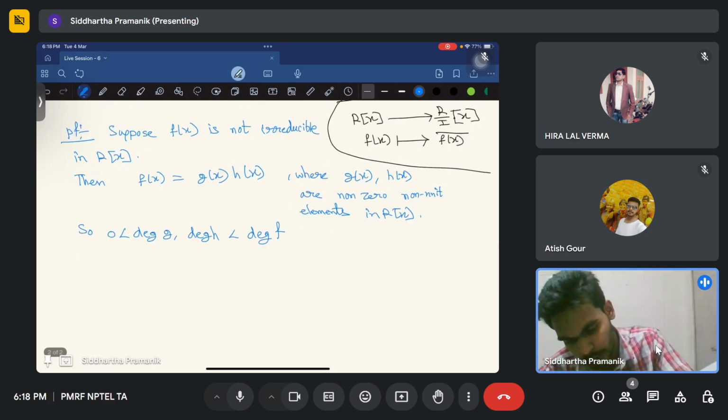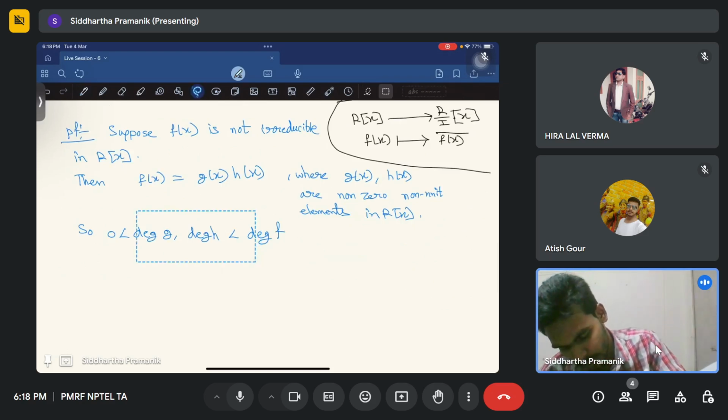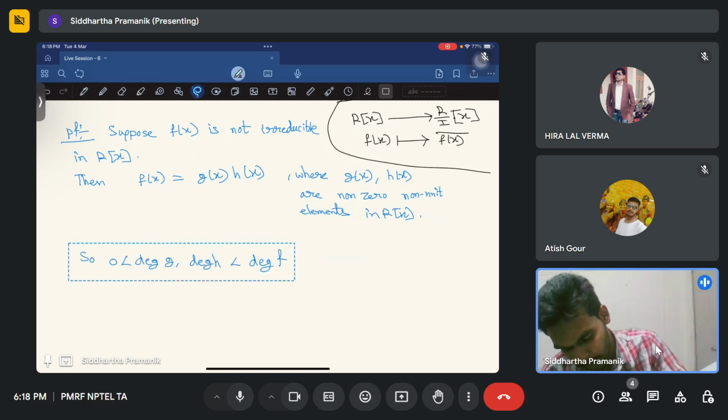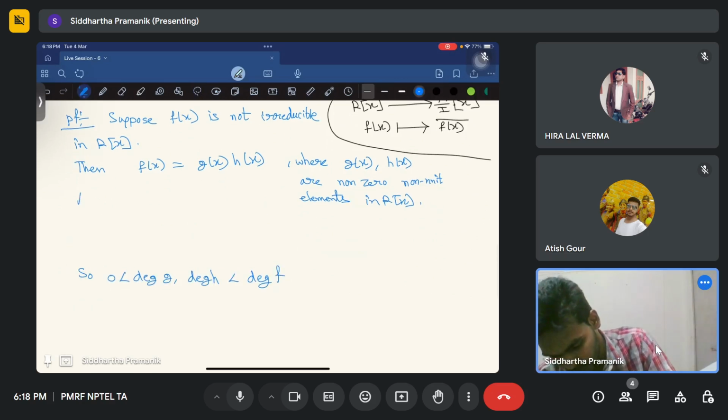Let's write g(x) and h(x) clearly. Let g(x) equal the summation of gi x to the i, i equals 0 to r, and h(x) equals the summation of hi x to the i, i equals 0 to s.